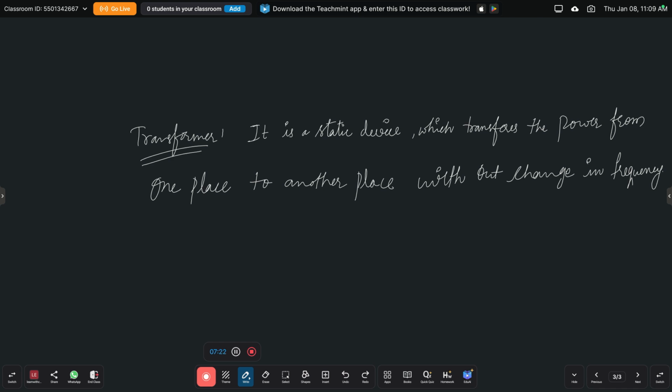So the basic definition of a transformer is a static device which transfers the power from one place to another place without any change in frequency. It can raise or lower the voltages, with a corresponding decrease or increase in the currents.